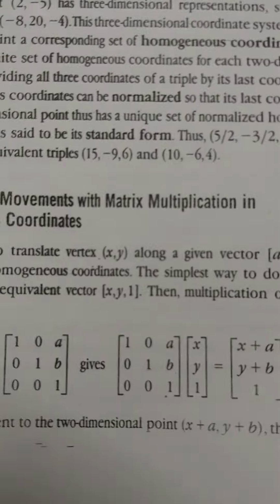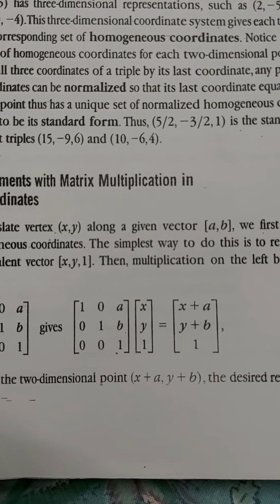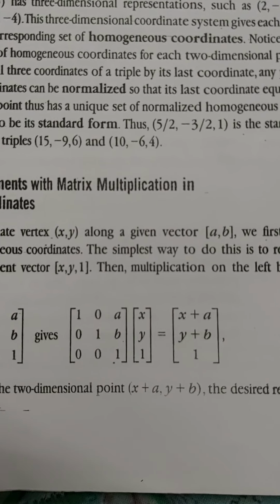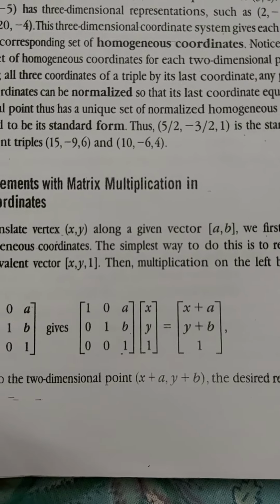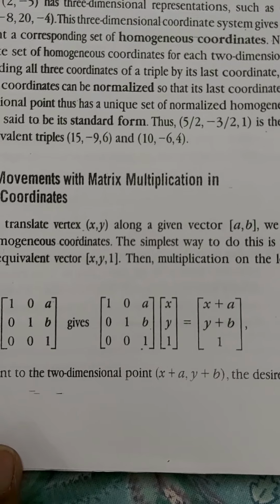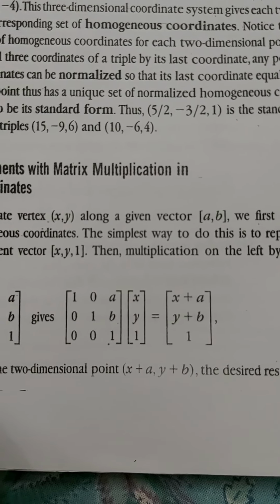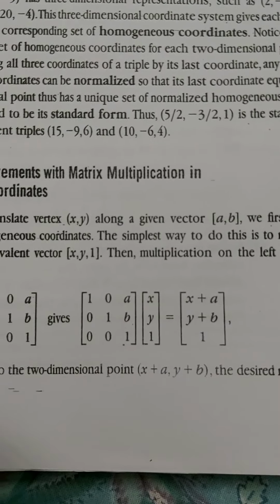So what we will get, this (x, y) will go to (x plus a, y plus b). Clear? 1 will remain as 1. So x plus a, y plus b, 1 means x plus a, y plus b.